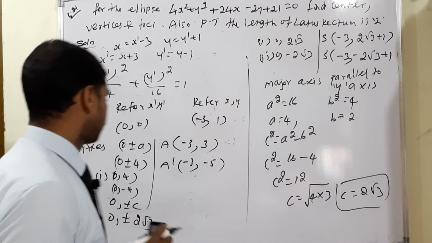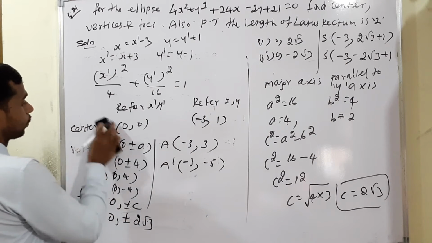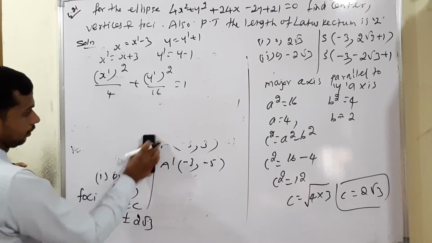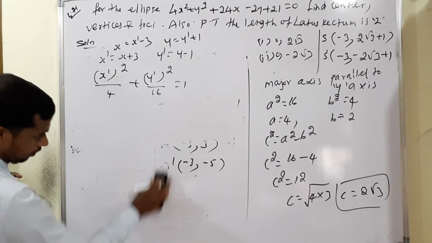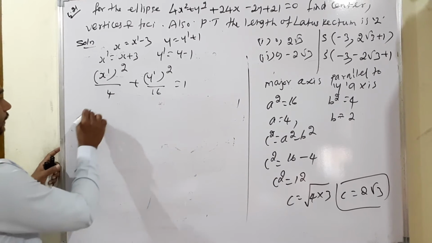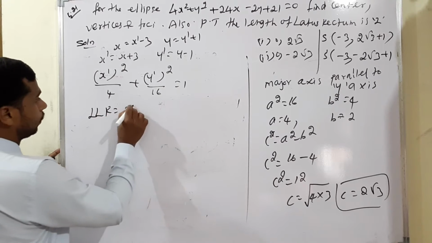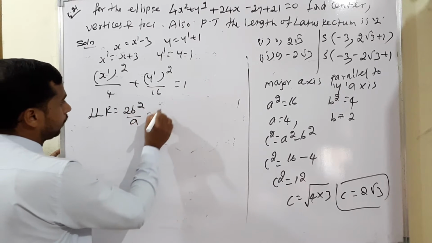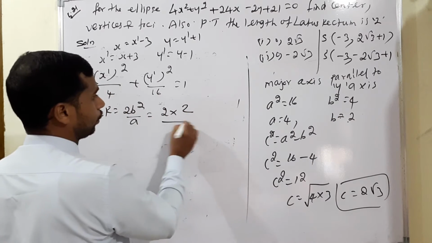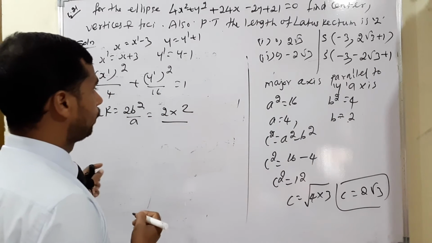We have to prove the length of the latus rectum value will be true also, isn't it? The formula for the length of latus rectum is 2b square by a. Therefore 2 into b square divided by a, the value will be 4.